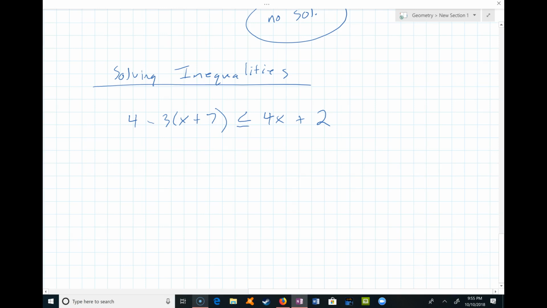That way, we're rewriting equivalent inequalities until we get one that's easy to see the solution for. So do all the same things that we talked about with equations. We're going to simplify one side if we need to. For example, you could rewrite this as 4 minus 3x minus 21, which is less than or equal to 4x plus 2.